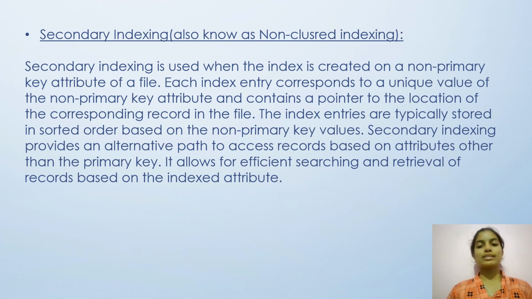The index entries are typically stored in sorted order based on the non-primary key values. Secondary indexing also provides an alternative path to access records based on attributes other than the primary key. It allows for efficient searching and retrieval of records based on the indexed attribute.